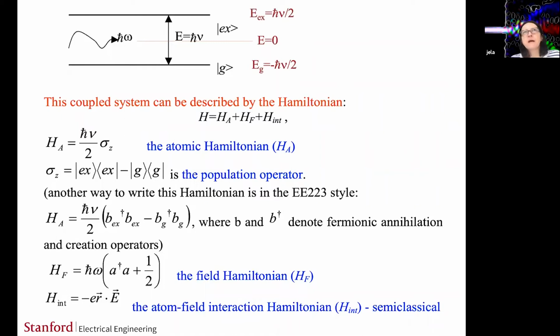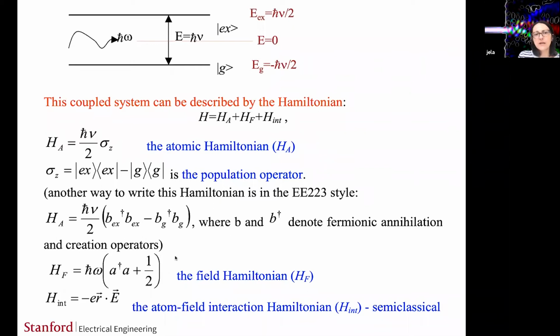If you took applied quantum mechanics, you may have written this exact same Hamiltonian in terms of fermionic annihilation and creation operators. It's exactly the same Hamiltonian. But I like this particular form with the population operator because it's more intuitive and easy to construct. It's clear why you have to write it that way.